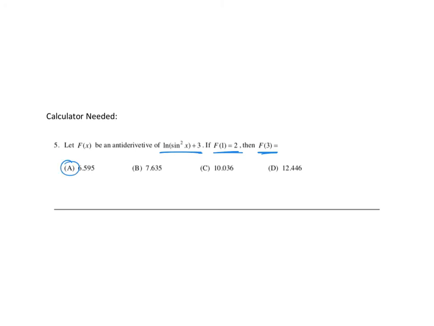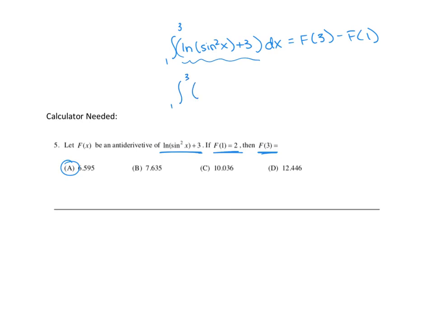So we know that the integral of ln of sine squared x plus 3, we care about the x values 1 and 3, so I'm going to go 1 to 3 equals F of 3 minus F of 1. Be very careful plugging this into your calculator, especially that sine squared. There's a lot of parentheses on this problem.